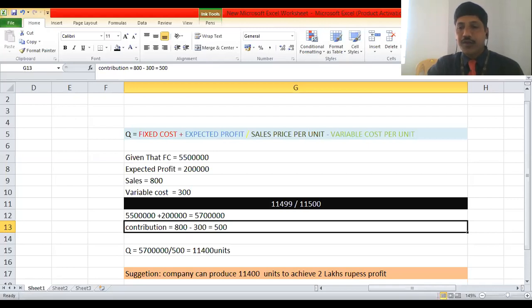Since it is before deducting the fixed cost, we can say that it is the amount of sales available to cover fixed cost.